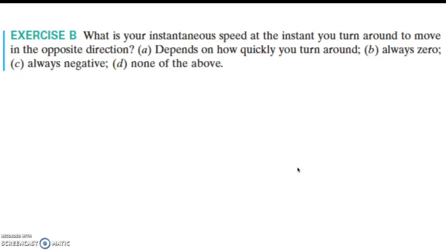Maybe, it's A and B both. It depends on how quickly you turn around, and then of course it could be zero, but not always zero. So I think B would be a misnomer to say it's always zero, because you could keep moving as you move in the opposite direction, but definitely not negative because speed is a scalar.